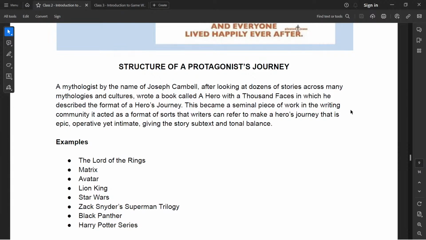It's a very good guideline. It gives you everything: subtext, tonal balance, everything in this particular format.